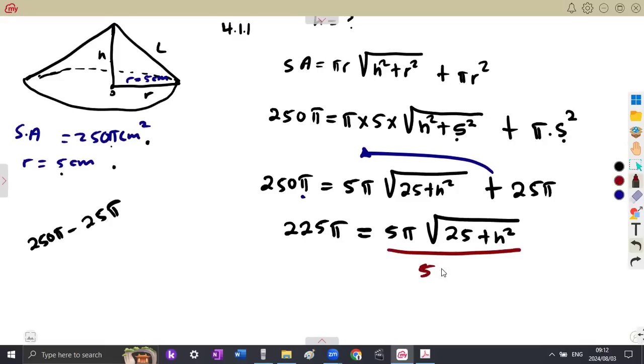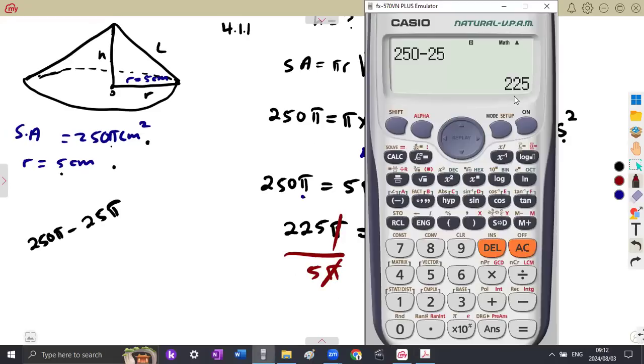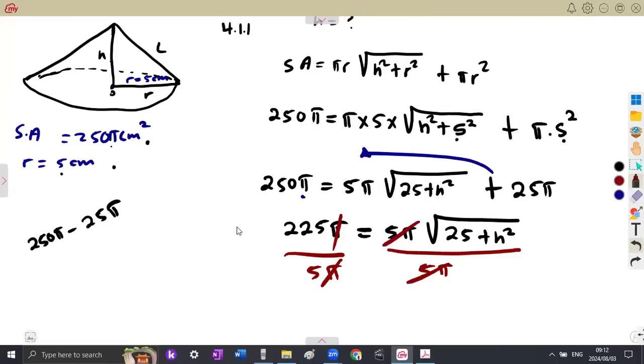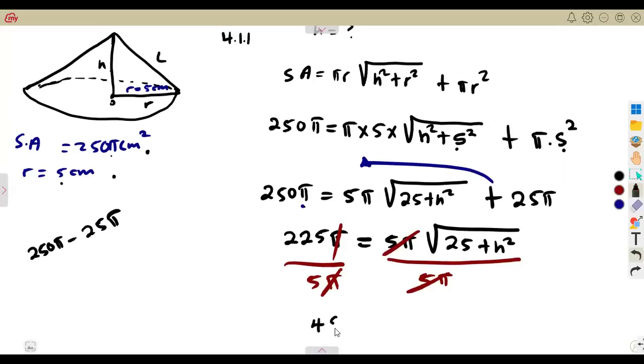Since it's a multiplication, the pi and the pi cancel. On your calculator, 225 divided by 5 gives us 45. So 45 is equal to the square root of 25 plus h squared.